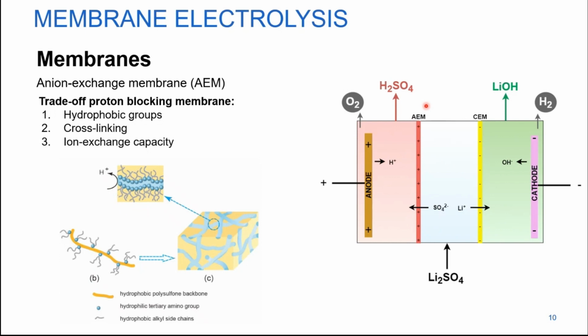The more water is present in your anion exchange membrane, the more protons will go over your membrane as an inefficiency. So therefore, you add a lot of hydrophobic groups into your membrane in order to reduce the water content, and in this way, you hope to exclude the protons.